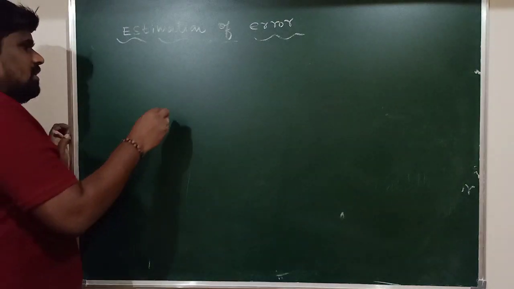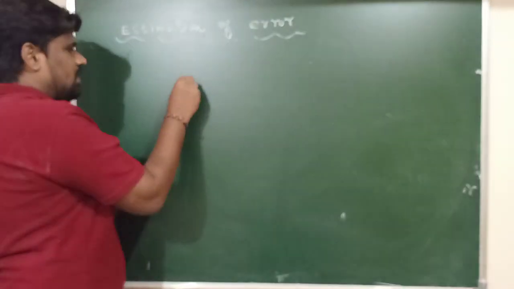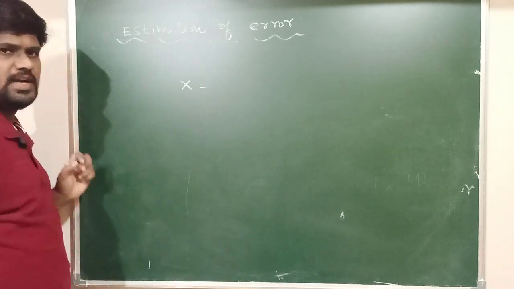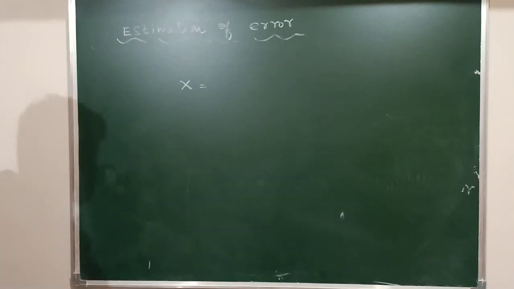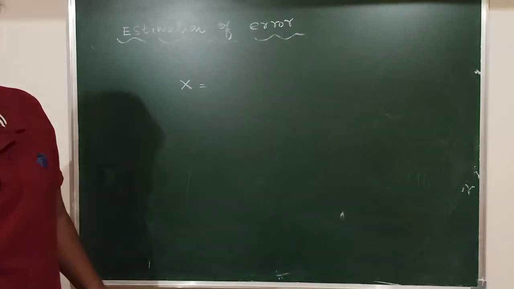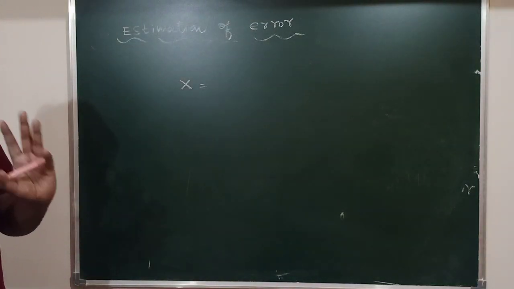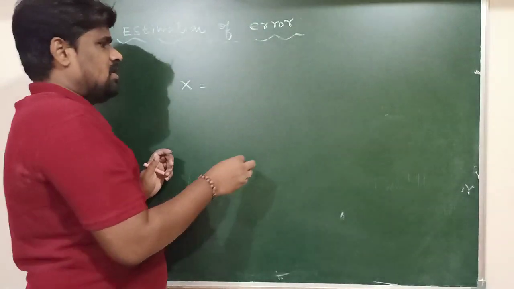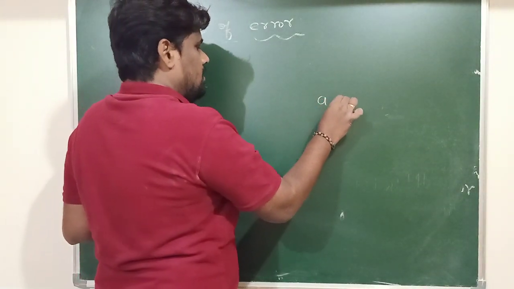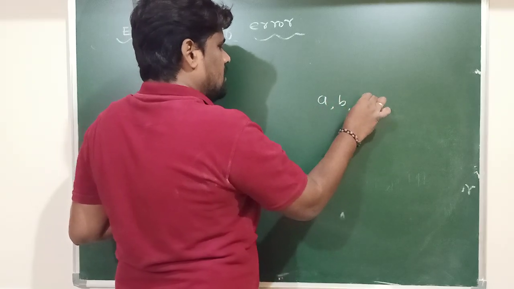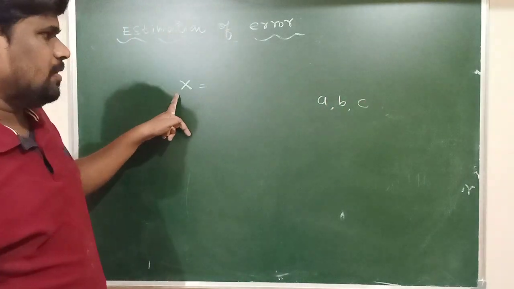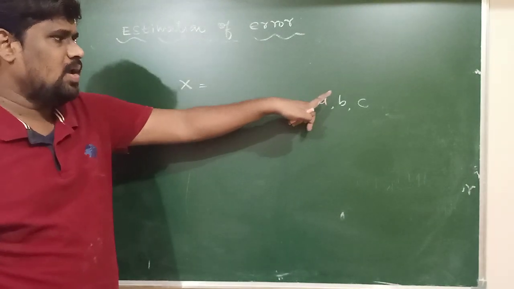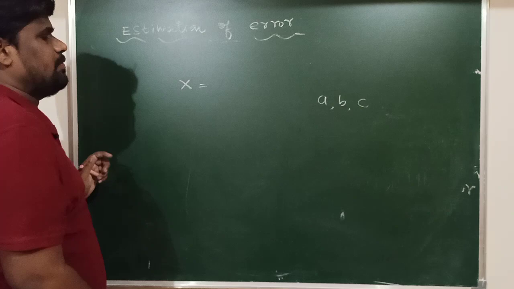Say for example, I have a physical quantity x, and it is obtained by measuring three other physical quantities, say A, B and C.